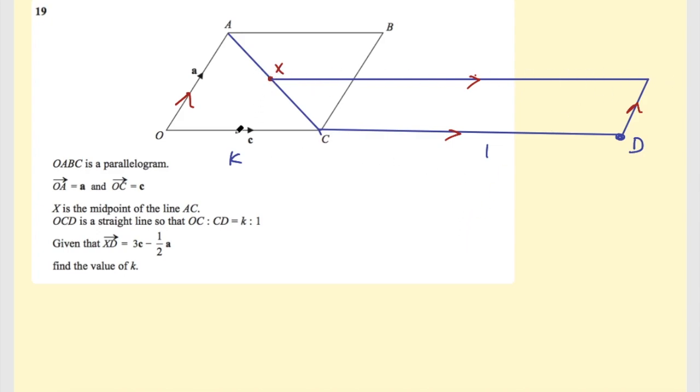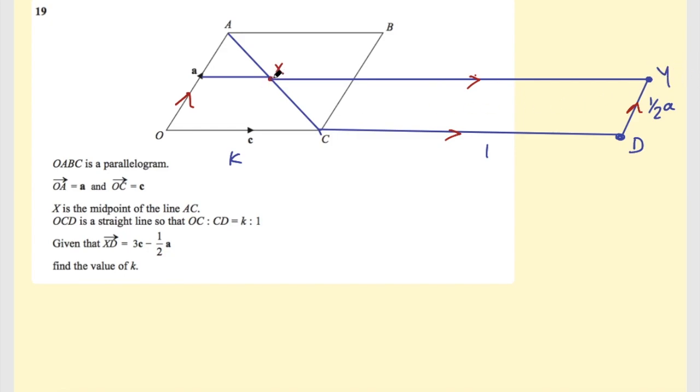So what we've kind of done is created another parallelogram, and what we know about this parallelogram is this distance is half A. Okay, well that doesn't really help us much, but let's call this point Y, for example.